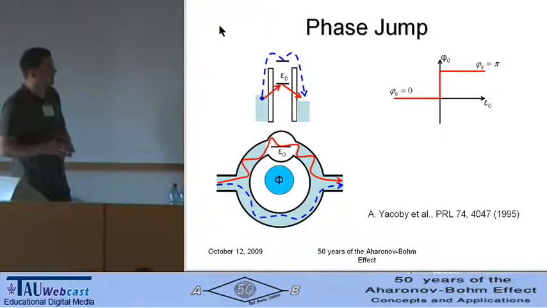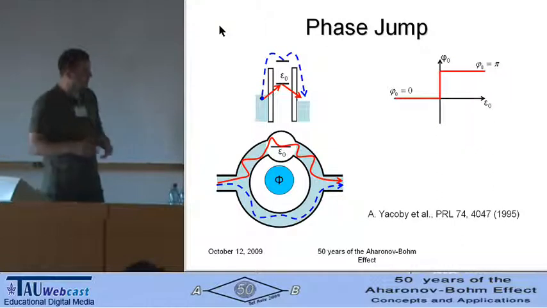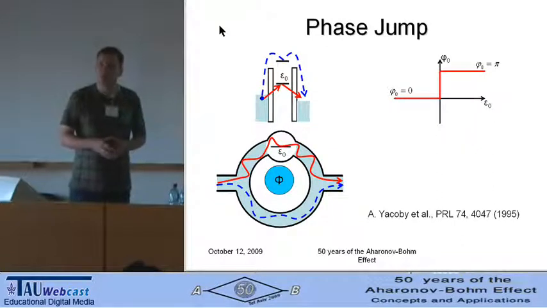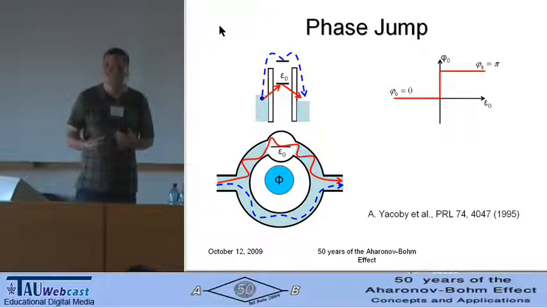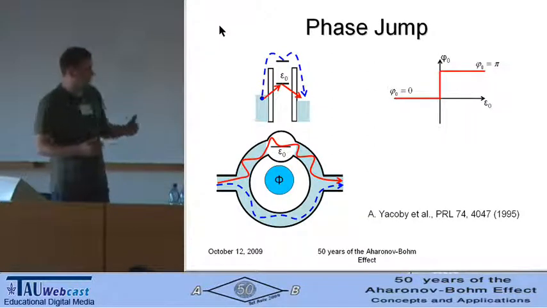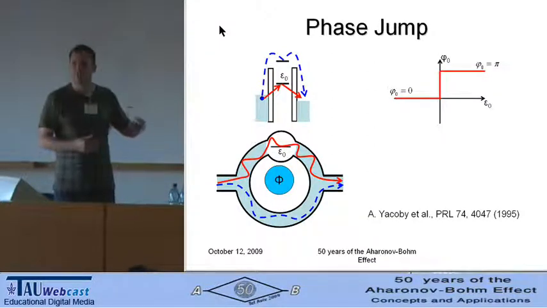It is a phenomenon which occurs in Aharonov-Bohm interferometers which contain a quantum dot in their arms. So this is a closed interferometer, so the phase should be either 0 or pi. But it turns out that it is different depending on whether the level in the dot is below the Fermi level of the leads or above the level of the leads.